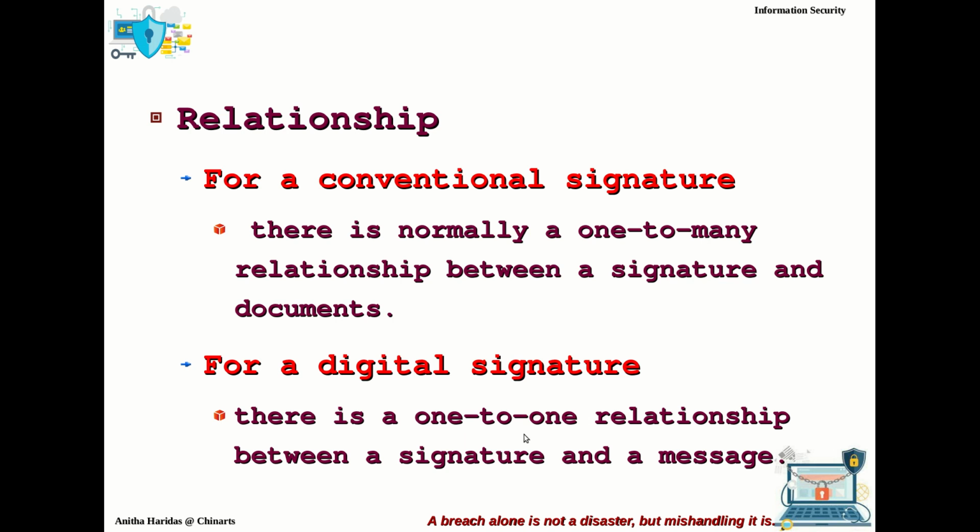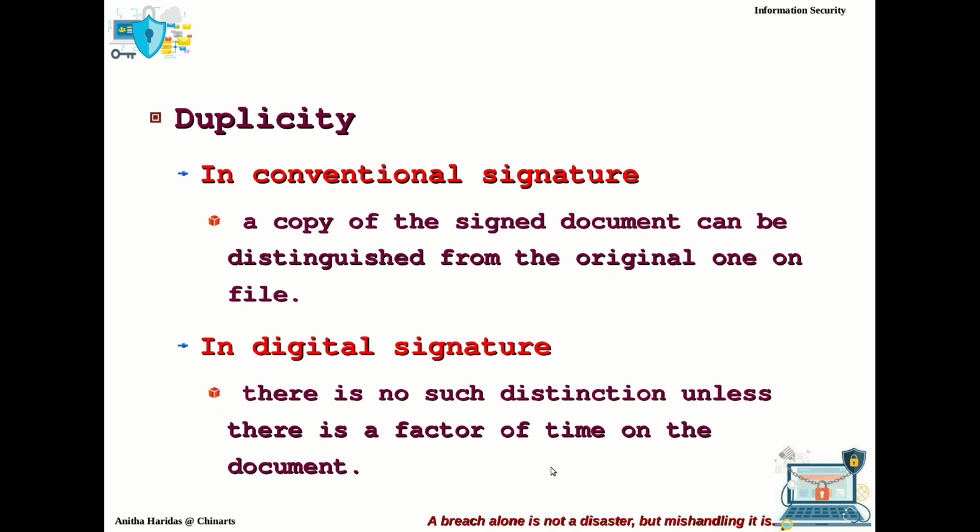So for each document you are going to have only one signature, but for the conventional signature, for all the n number of documents the same signature will be maintained. Here for each document you need a separate signature. In the case of duplicity, in the conventional signature, a copy of the signed document can be distinguished from the original one, right? So the specimen signature will be in a separate file in your bank, and the signature which you put on your check will be a separate document.